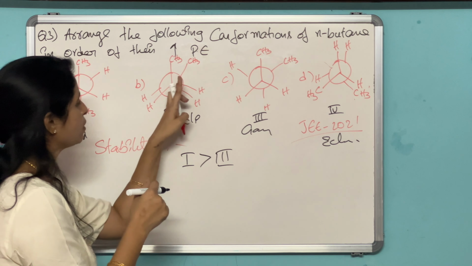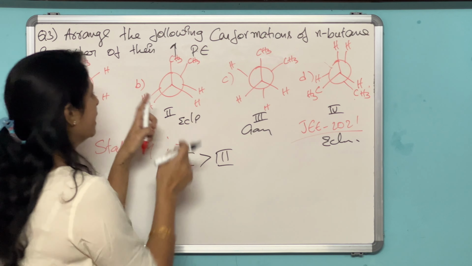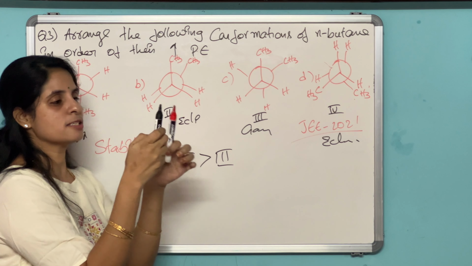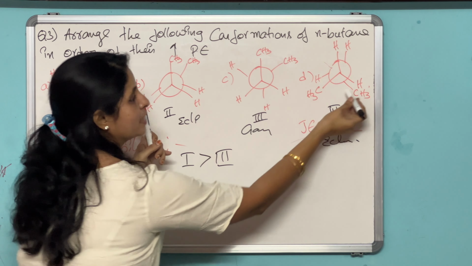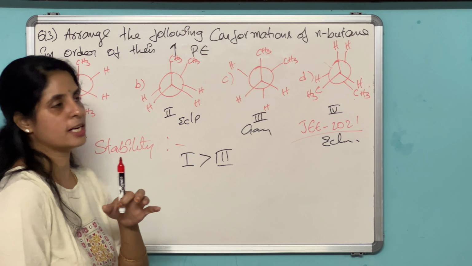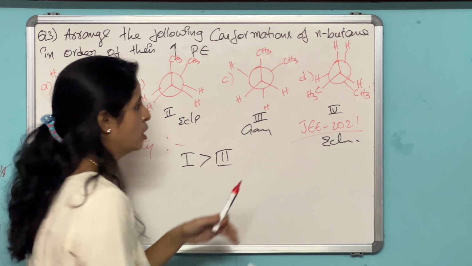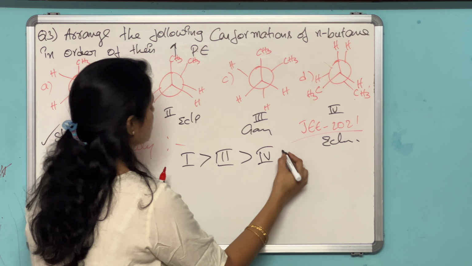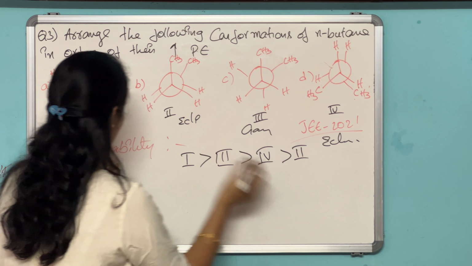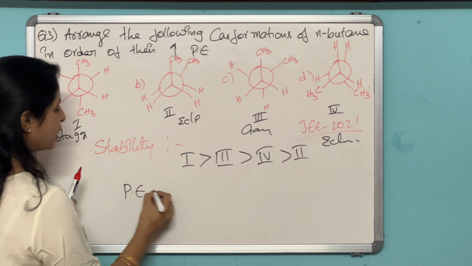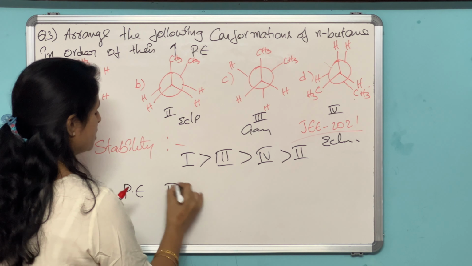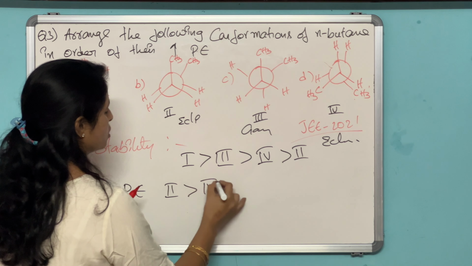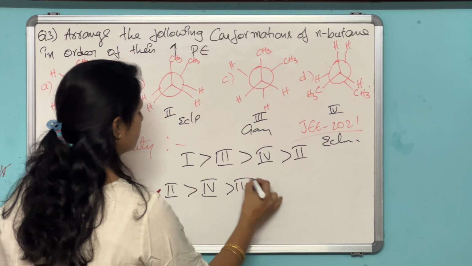If you observe the second one and fourth one, in the second the two methyl groups are spatially closer, but in the fourth these two methyl groups are not spatially closer compared to the second one. So after the third one, the fourth one is more stable than the second one. Now you write down the order of potential energy by reversing this. The second one has more potential energy than the fourth, than the third, than the first.